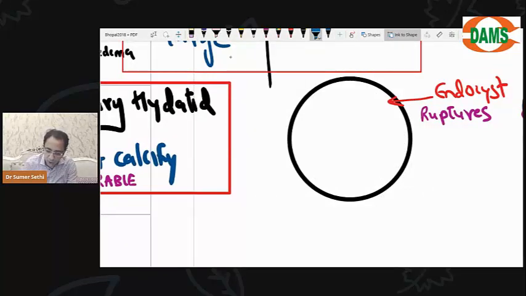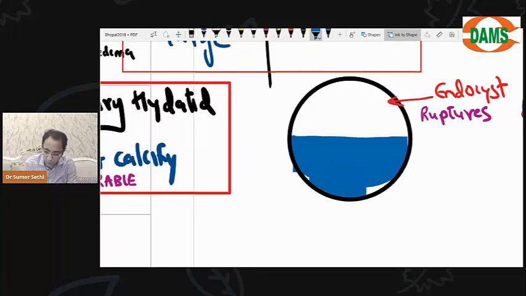The cyst which had fluid or water would settle down. The water will settle down. The fluid always settles down. And the daughter cysts that you have in the hydatid will float. This is what has been called the water lily.